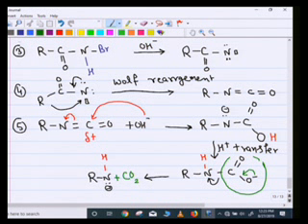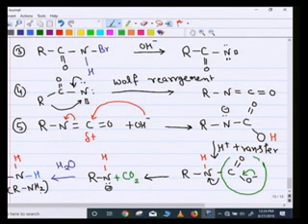Now, if we use water, I'll get one more hydrogen, and finally I have got this RNH2.